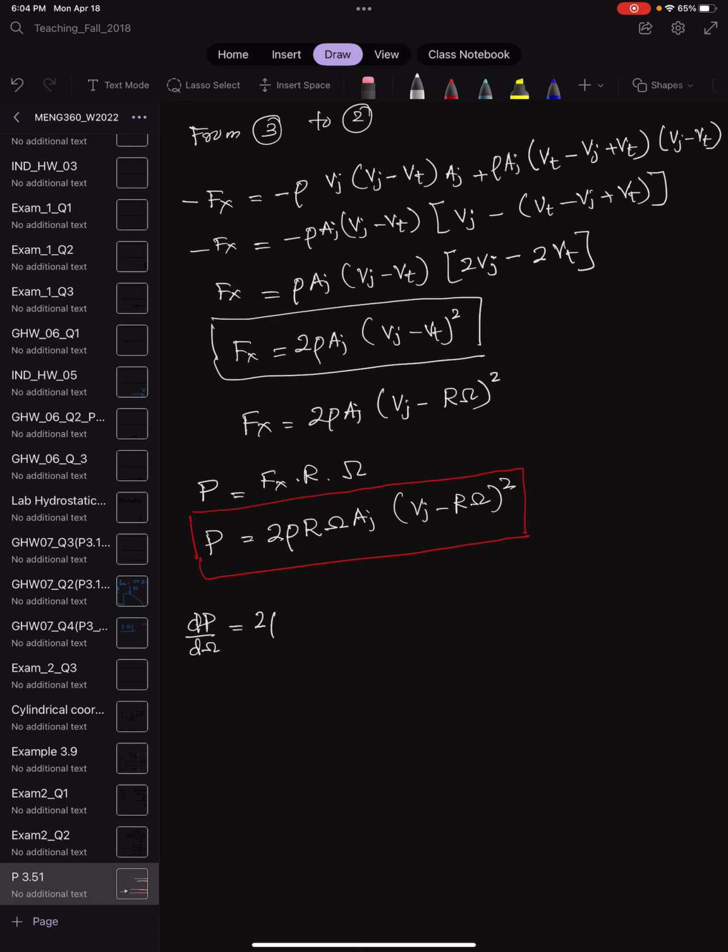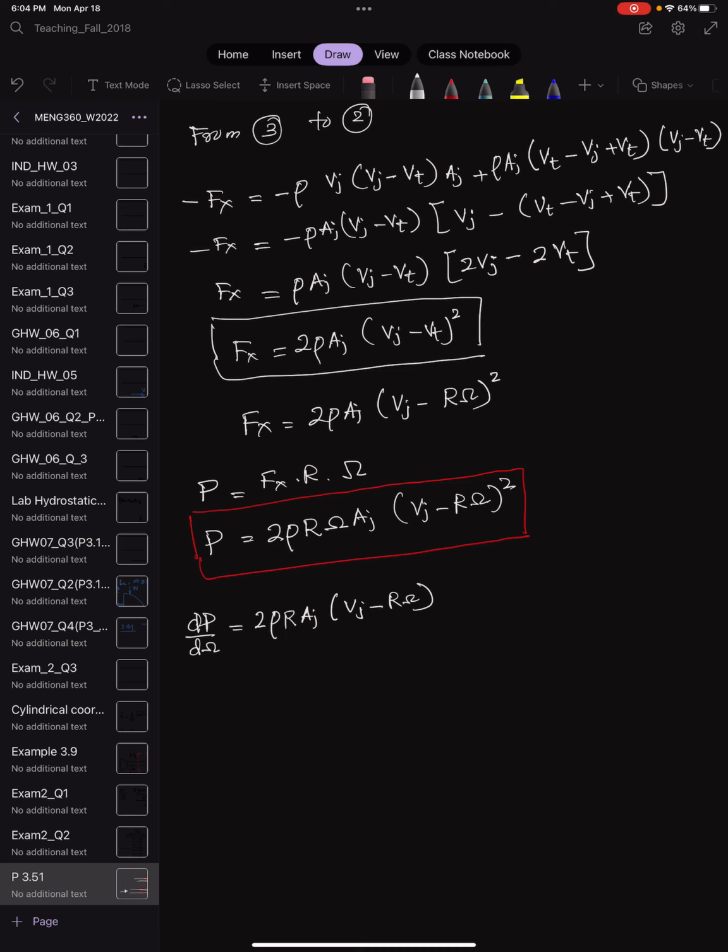2 rho r aj, and I'm going to take this part now, vj minus r omega, and then this omega is going to be d omega over d omega.